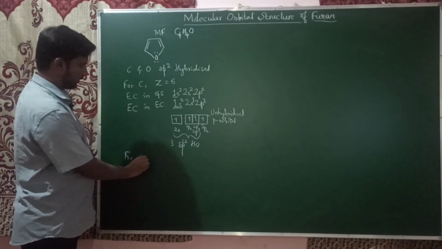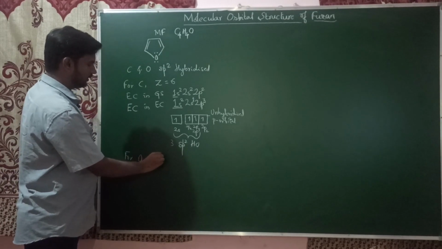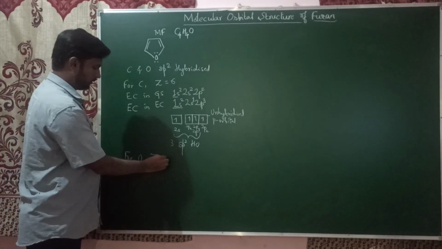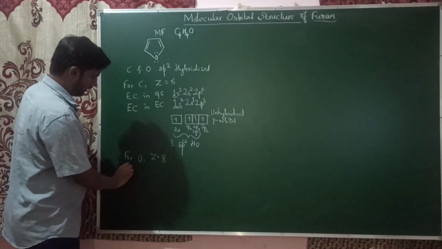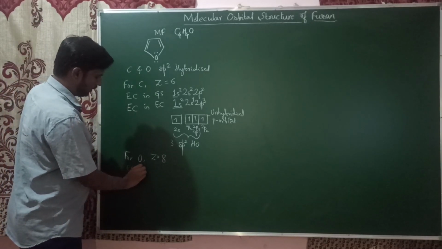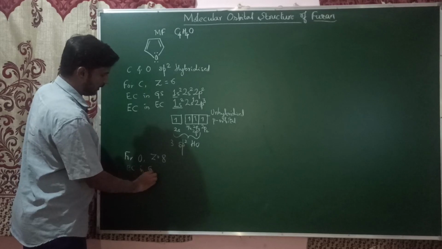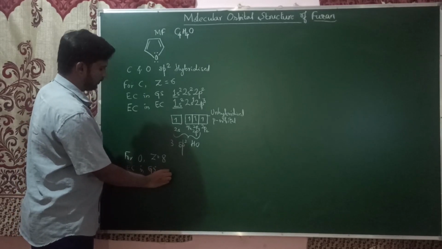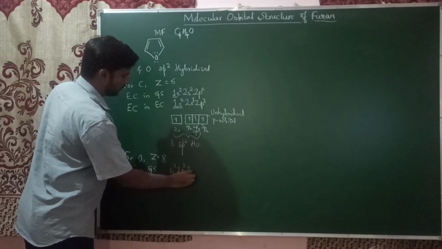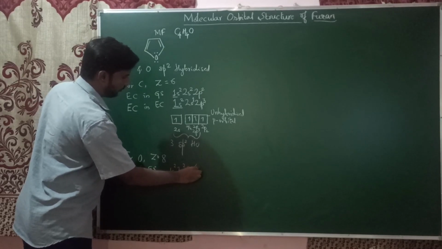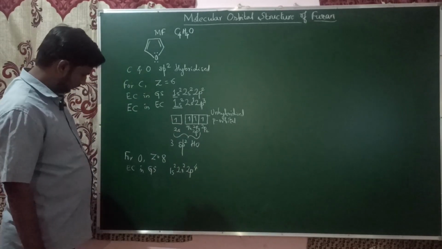And for the oxygen atom, the atomic number of oxygen is 8, and the electronic configuration in ground state is 1s2, 2s2, 2p4.